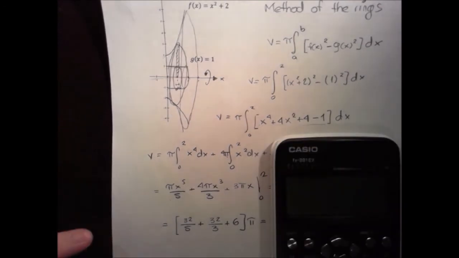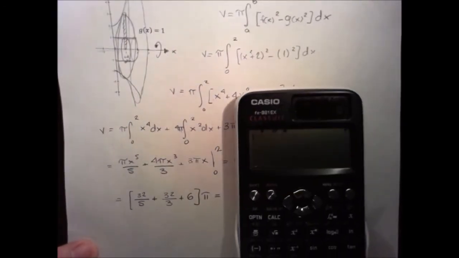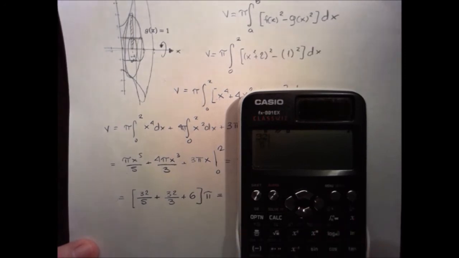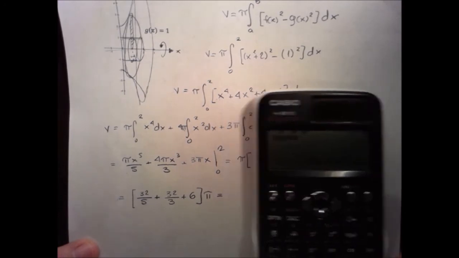Here we're going to calculate 32 fifths plus 32 thirds plus 6. Okay, so it's going to be 346 over 15. Well, this multiplied times pi, it's approximately 72.